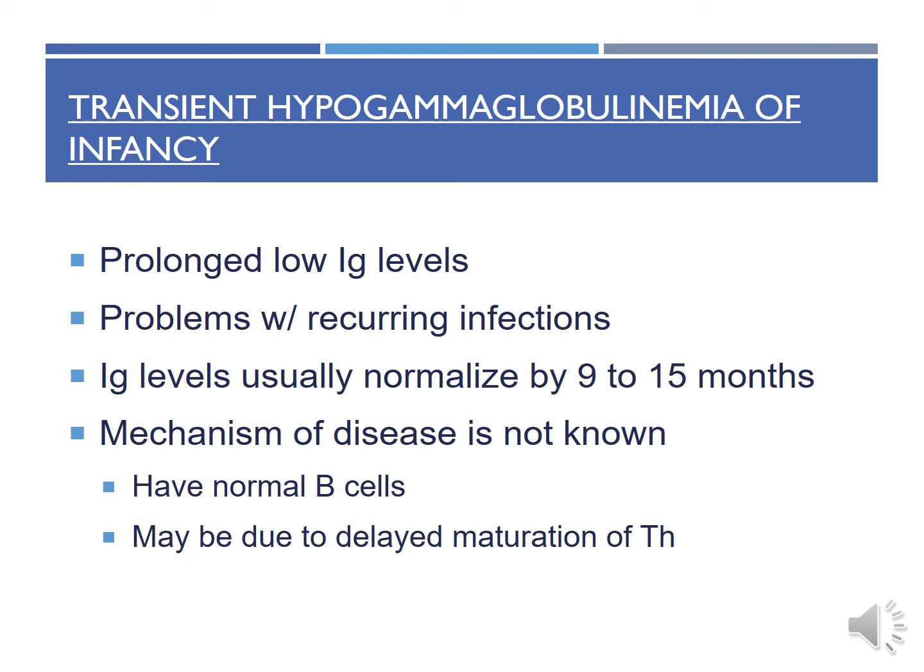So it is very interesting, especially because we don't know why this disease occurs. More research is going into this, and I do look forward to seeing what the researchers find.